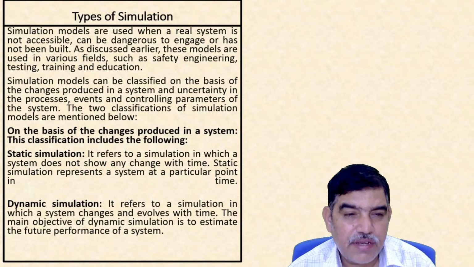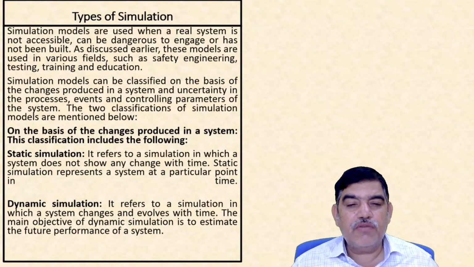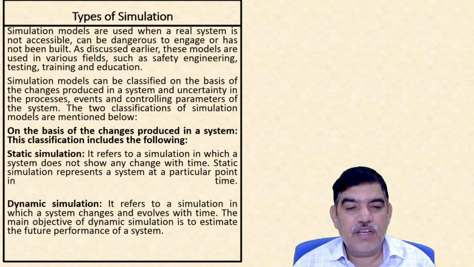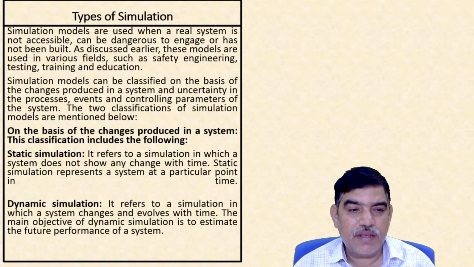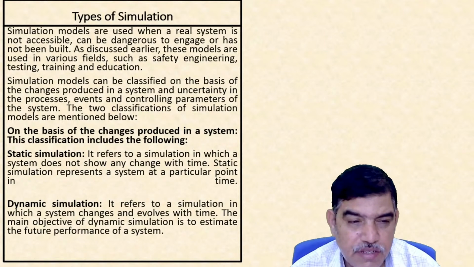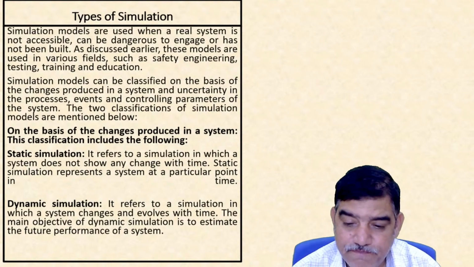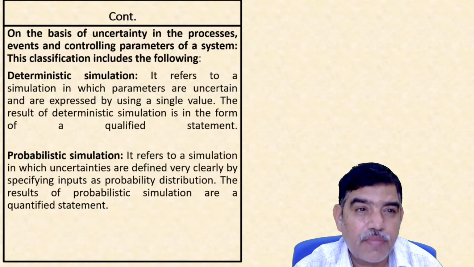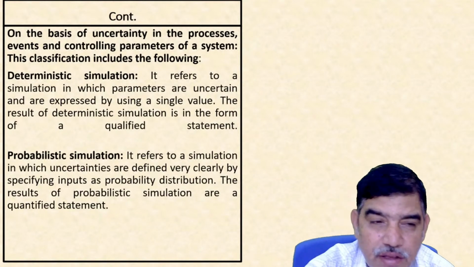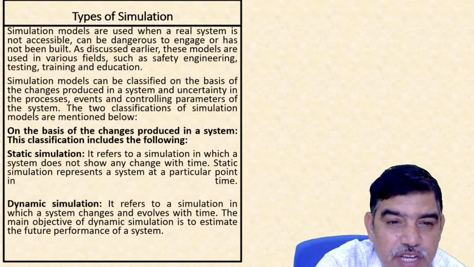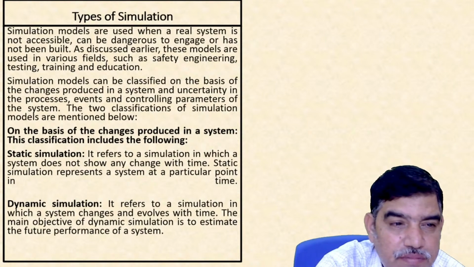Similarly, dynamic simulation refers to a simulation in which a system changes and evolves with time. The main objective of dynamic simulation is to estimate the future performance of a system. Here, I am explaining on the basis of the changes produced in a system.